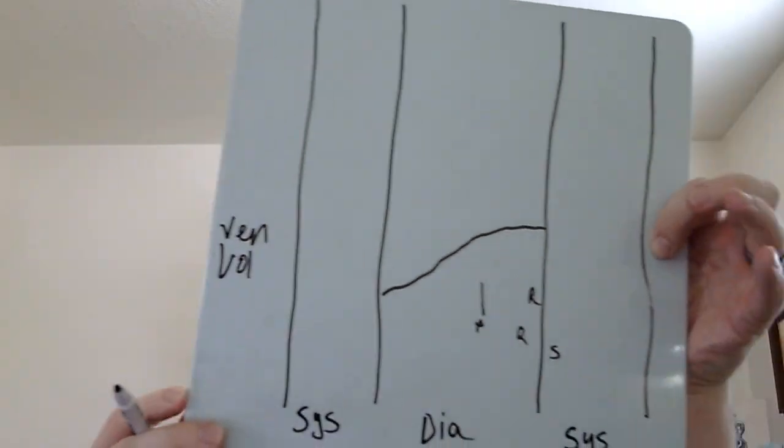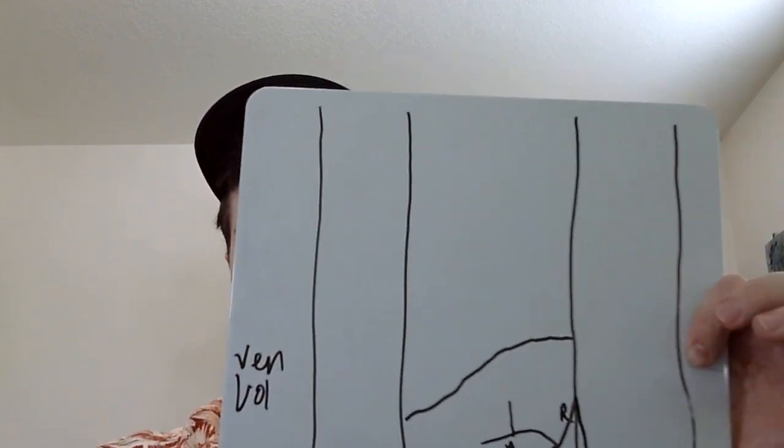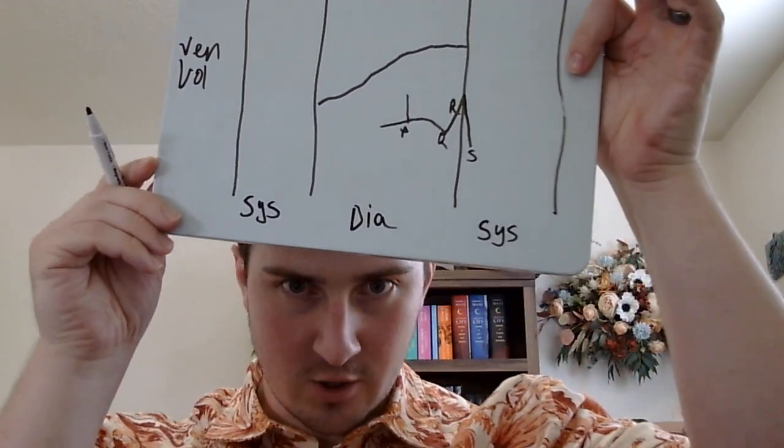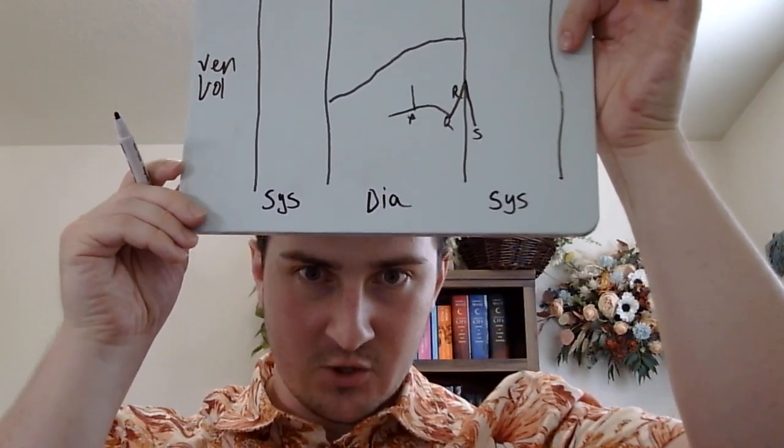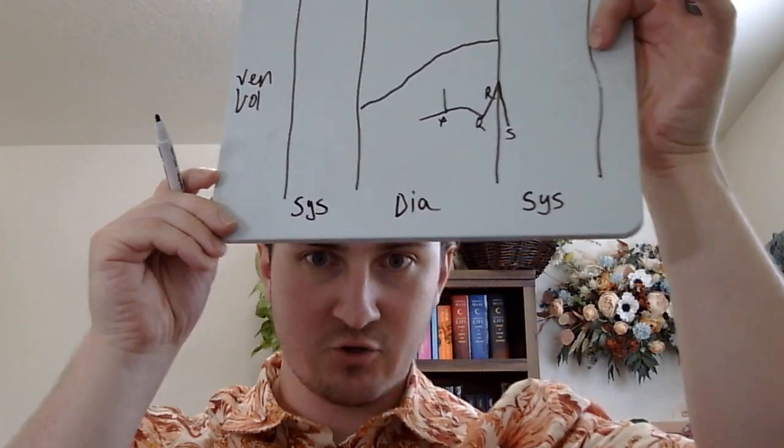And then here near the end is where we're going to see our QRS complex. QRS, like that. I'm going to draw the line to connect them. Our bump for the P, a small dip for the Q, spike up to the R, drop lower for the S. And that is going to be our ventricular filling from left atrium to left ventricle.